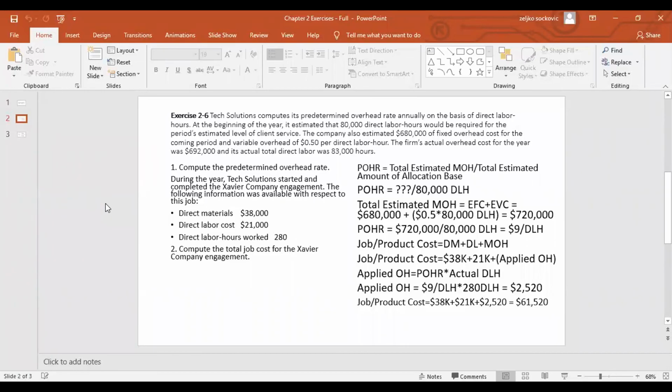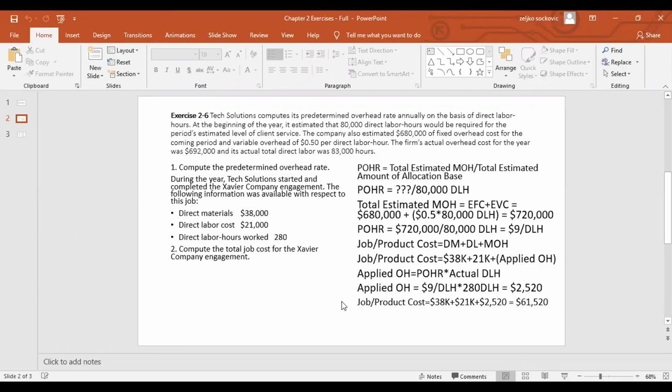You might have to keep your scrap sheets in case we ask for it, but on the exam you just give the answer. For example, 61,520. That's it.